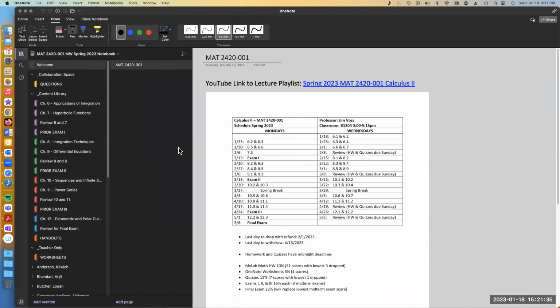No drilling, none of this clicking of breadcrumbs all through D2L. The whole semester is right here. Here are the chapters that we are covering. Under content library, that's where the notes are going to be. That's a read-only area in the class notebook. I can edit it, but you can't. So this is where our class notes are going to be.